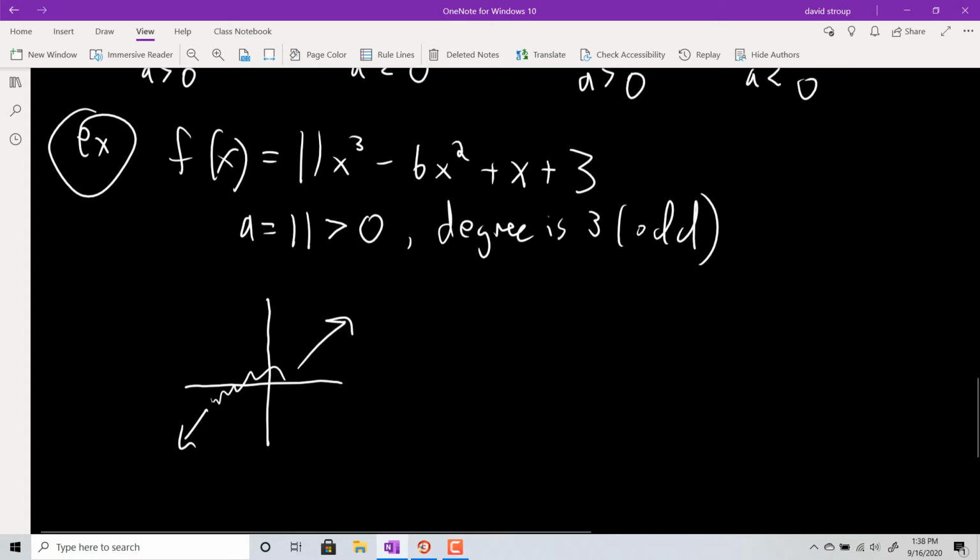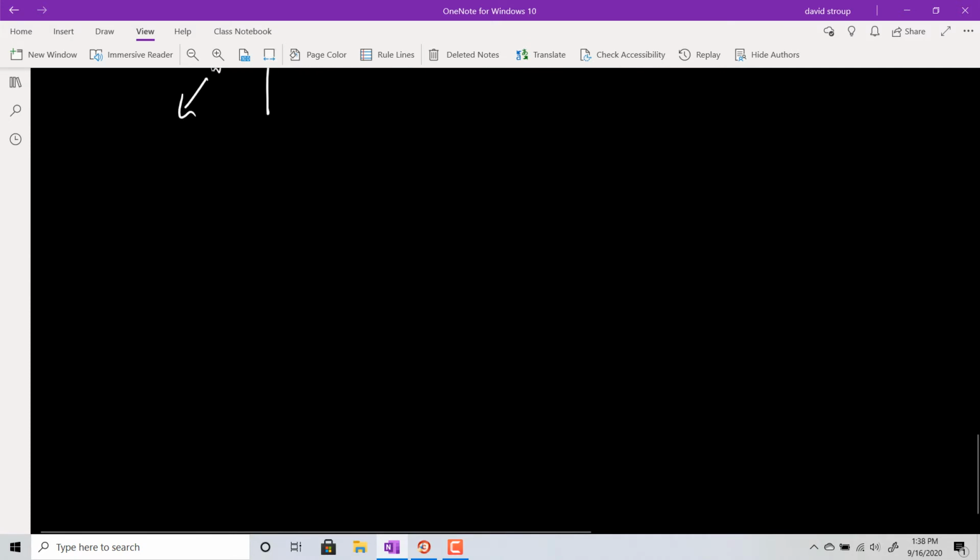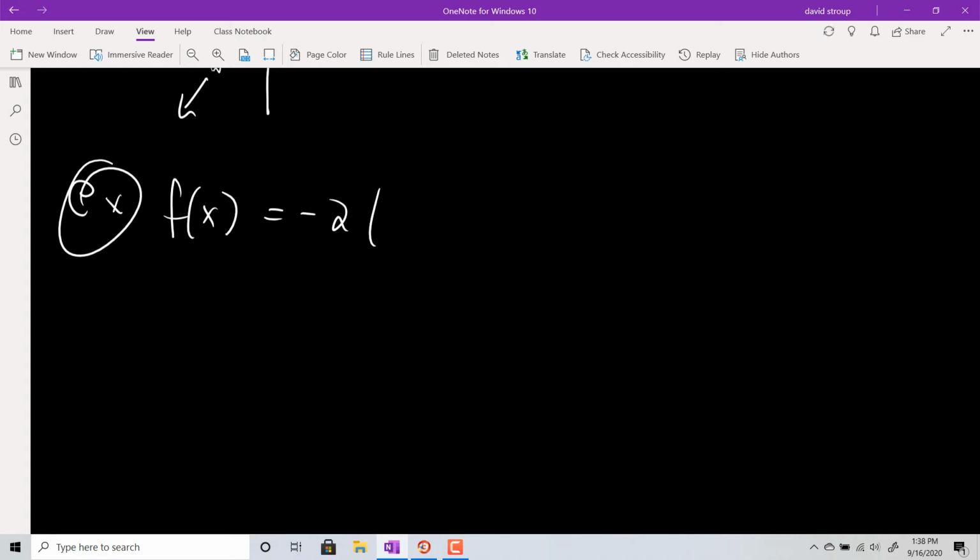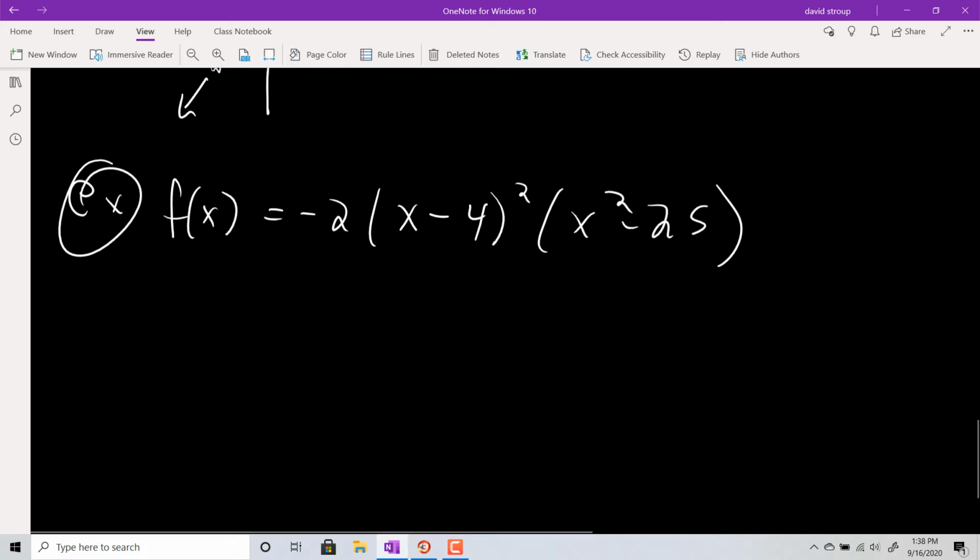Let's look at another example. They like to throw ones like these at you: -2 times (x minus 4) squared times (x squared minus 25). In order to figure out the leading term, what you have to do is some clever multiplication.